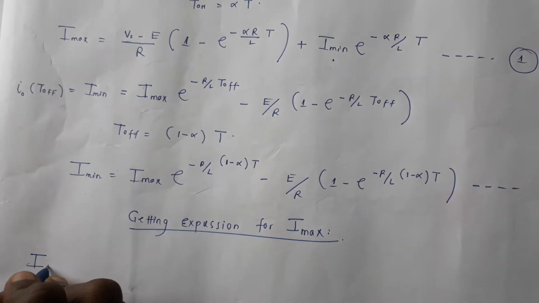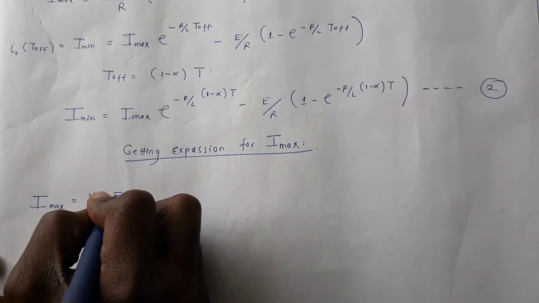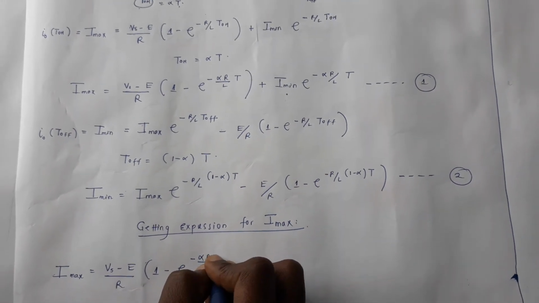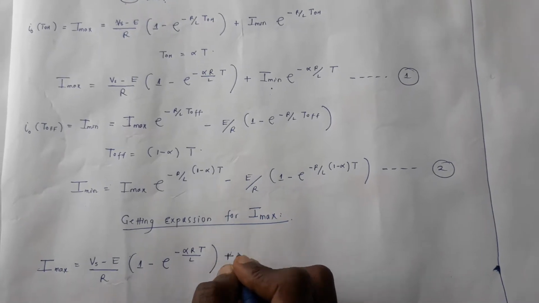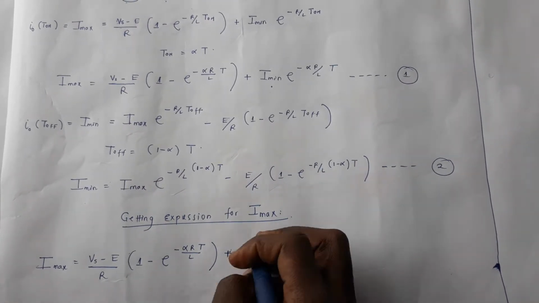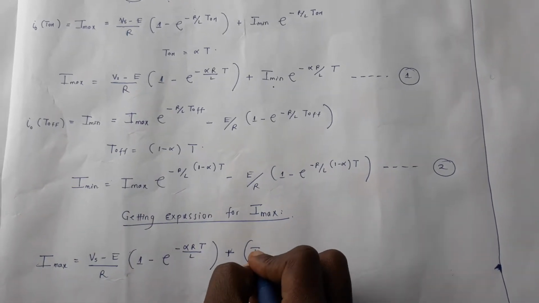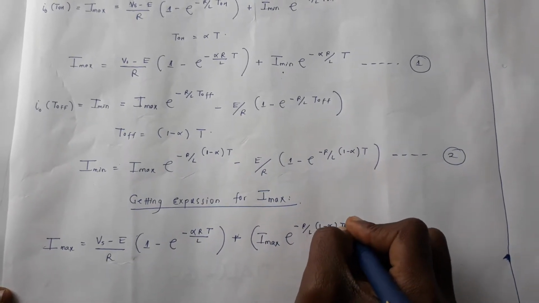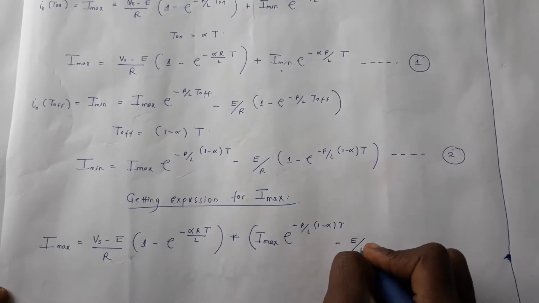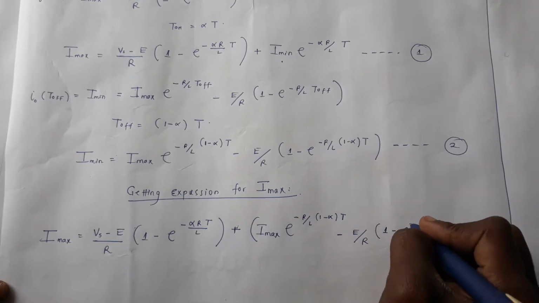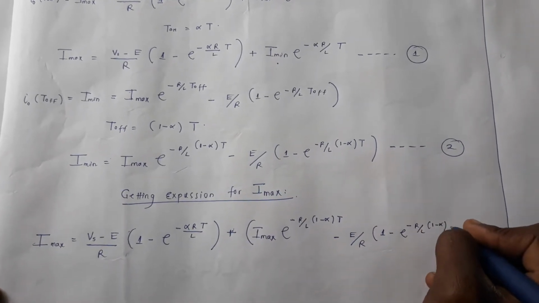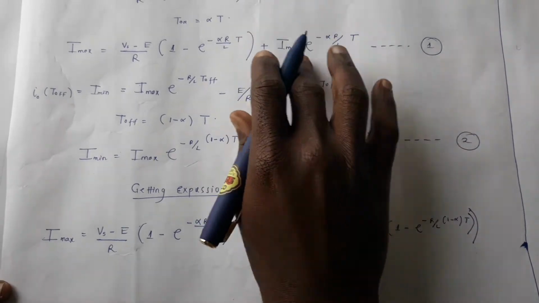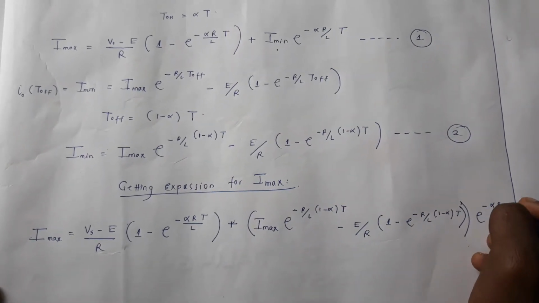We have equation 1, Imax is equal to Vs minus E over R times 1 minus exponential minus alpha R over L T, plus Imin, and since Imin is given here, instead of Imin we put Imax exponential minus R over L 1 minus alpha T, minus E over R times 1 minus exponential minus R over L 1 minus alpha T, then multiplied by exponential minus alpha R over L T.